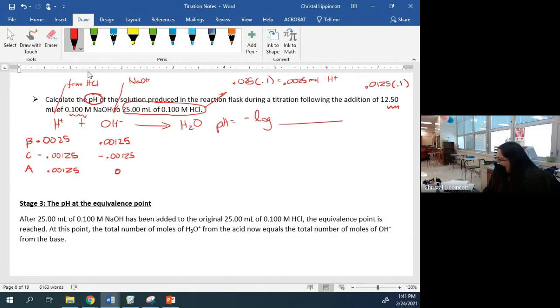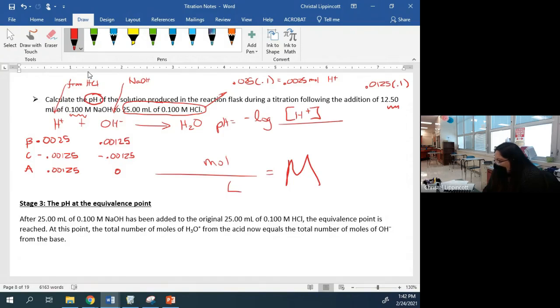So it's the negative log of the hydrogen concentration that is your pH. So we need to figure out hydrogen concentration. We don't have hydrogen concentration over here. We have hydrogen moles. So how do I get from moles to concentration? What unit is concentration given in? Molarity. So molarity equals what? Moles over liters.